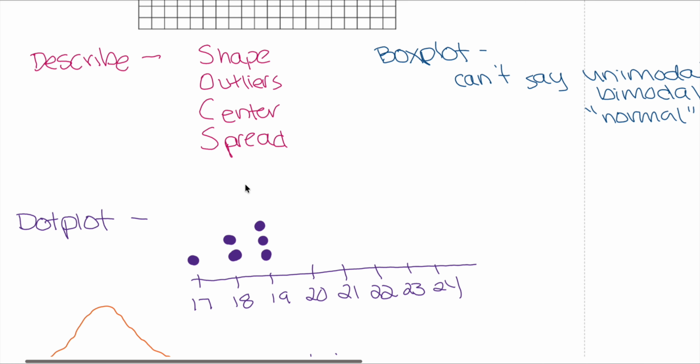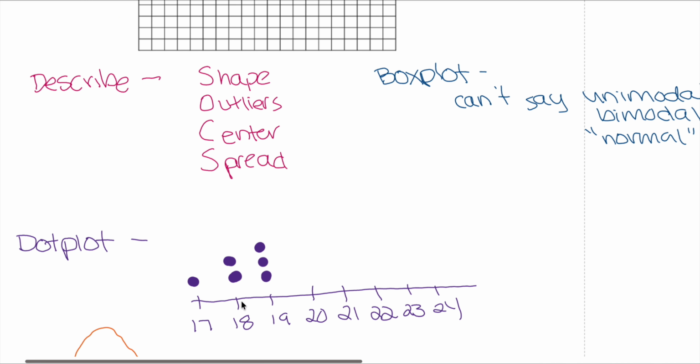Okay, and this is our dot plot. Dot plot is kind of easy, I hope. There's usually a number line at the bottom, and we usually don't draw the y-axis because it's unnecessary, but we usually put the dots for each of the numbers. So recall our ACT test scores example.